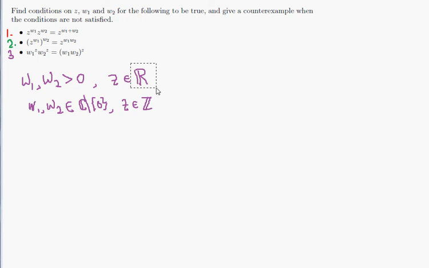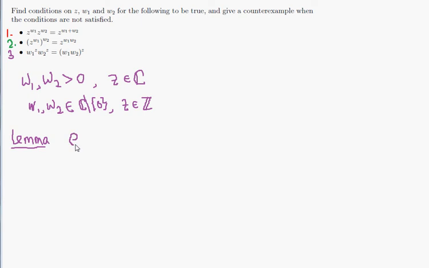But if I permit the exponent to be a complex number, then the third law of exponents is still true as long as w1 and w2 are positive numbers. So to prove this, we first have a lemma. And the lemma goes like this.